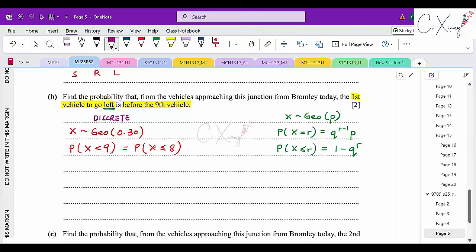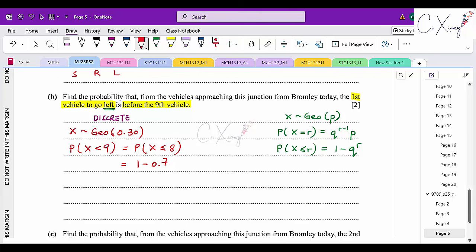Okay, so when you're having x smaller than or equal to 8, there are two ways for you to calculate the probability. The first one is you just add all the probabilities of x equals r one by one, starting from x equals 1, x equals 2, x equals 3, x equals 4, until x equals 8. But for me, I feel that it is very troublesome, so I prefer to use a shortcut formula, which is this one. I can directly take 1 - q^r. So q is 0.7 because p is 0.3, right?